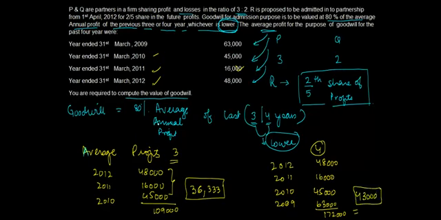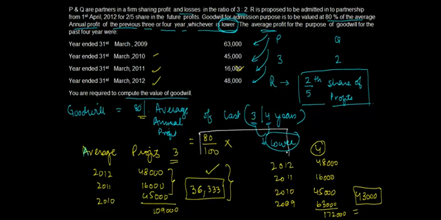Now your goodwill is based on 80% of the average annual profit of the last 3 or 4 years, whichever is lower. Which is lower? Obviously, the average profit for the 3 years is lower. Since goodwill is 80%, that is 80 upon 100 into the average annual profit of the last 3 years.